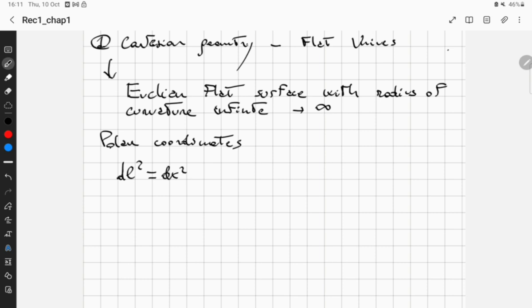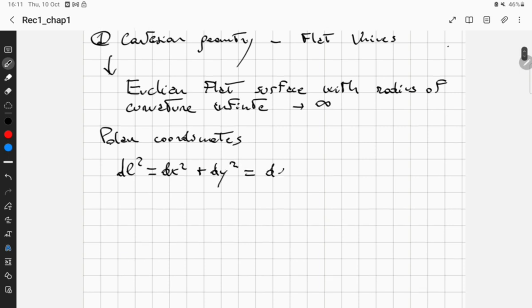So we have dl square equals dx square plus dy square, which is equal to d rho square plus rho square d phi square, with rho defined between 0 and infinity, and phi defined between 0 and 2 pi.